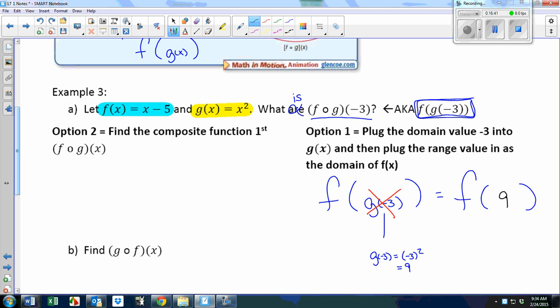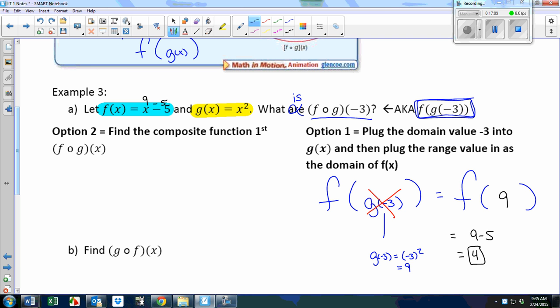And when I put 9 into f, f says take your number and subtract 5. So take that 9 and subtract 5. So this becomes 9 minus 5, the final answer, 4. With numbers, it's pretty easy. Once you do a few of these, it's pretty straightforward. It's the variable part that's tricky.